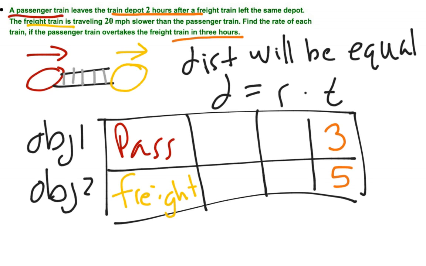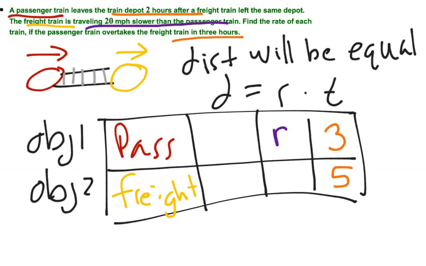I'm also given information about the rate, and it's not quite as clear as the information we were given about the time. I know that the freight train is traveling 20 miles per hour slower than the passenger train. So that means that the passenger train is moving at a rate that we call r.